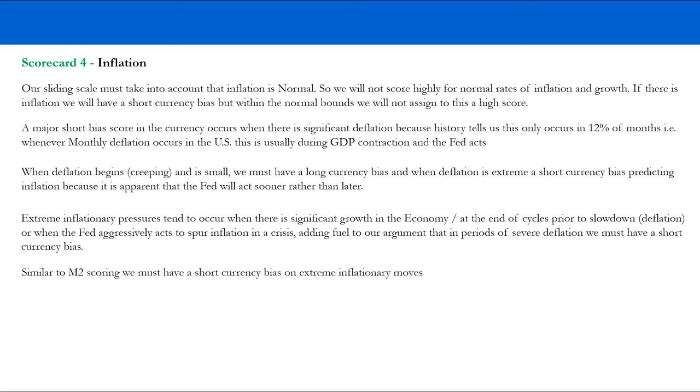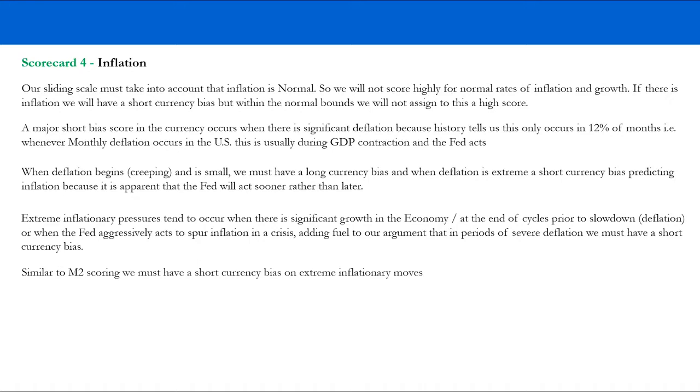The extreme inflationary pressures, so now on the positive side of the scale, tend to occur when there's significant growth in the economy or at the end of cycles prior to slowdown, so deflation, or when the Fed aggressively acts to spur inflation in a crisis.